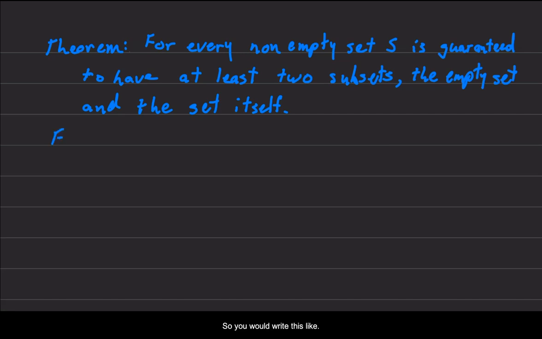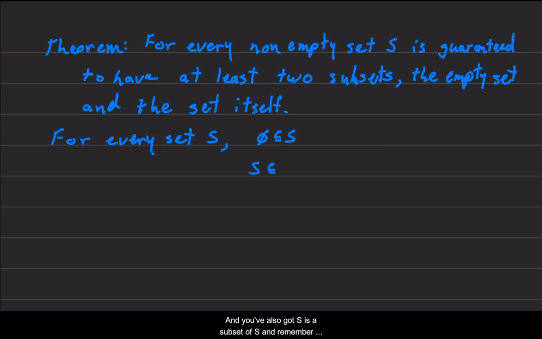So you would write this like, for every set S, you've got the empty set is a subset of S, and you've also got S is a subset of S. And remember, since the subset is subset or equal to, that's why the set itself is listed under this definition to be a subset of itself. Okay?